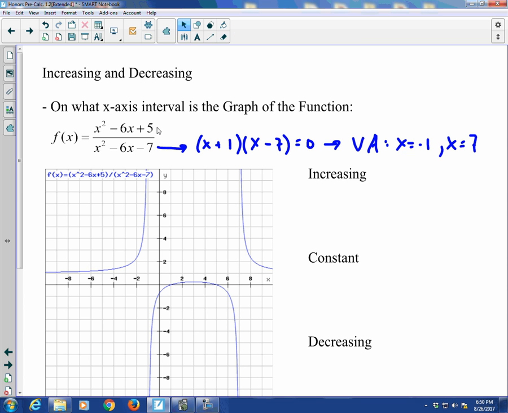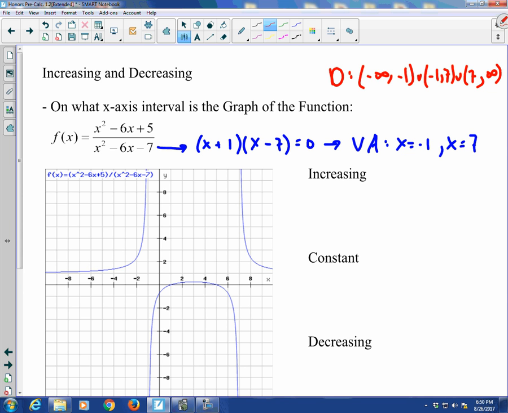Those vertical asymptotes correspond to the holes in the domain. And so really, if we're looking at this graphically, we can say our domain is going to be -infinity to -1, union with -1 to 7, union with 7 to +infinity.